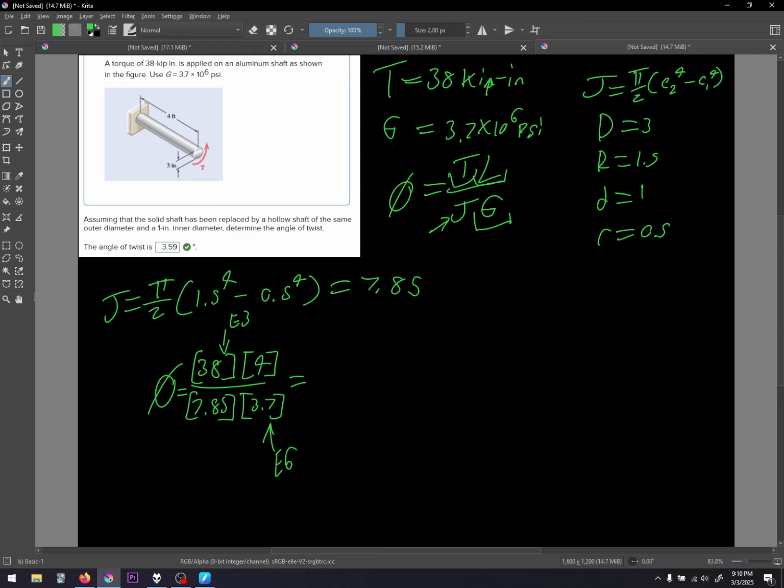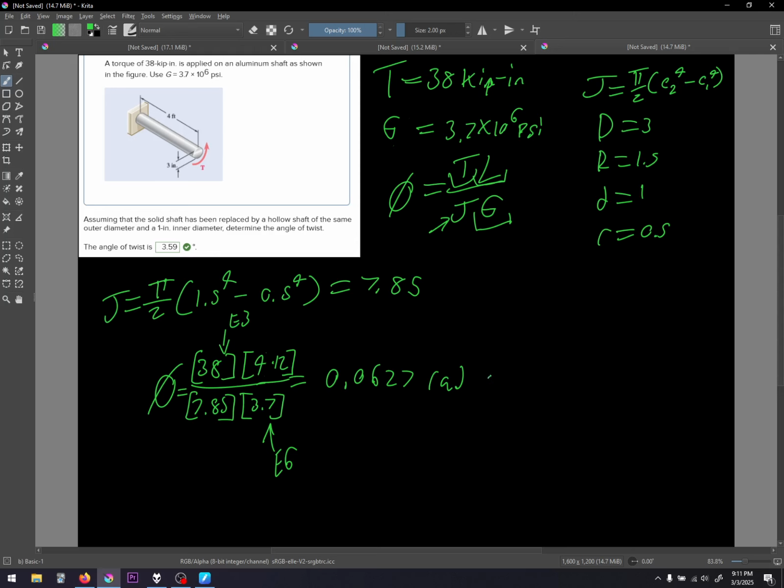This is inches, that's feet. Sorry, this is 4 times 12. Okay. 0.0627 rad. Remember that this is going to be in radians at first.